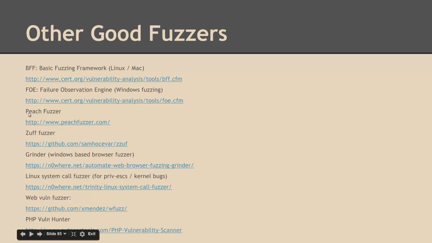Perhaps the most popular would be Peach Fuzzer. There's also BFF and FOE out of CERT. There's libFuzzer, Grinder, which is Windows-based browser fuzzing. There's a Linux system call fuzzer from nowhere.net. There are many web fuzzers, and there's PHP Vuln Hunting 1.2.